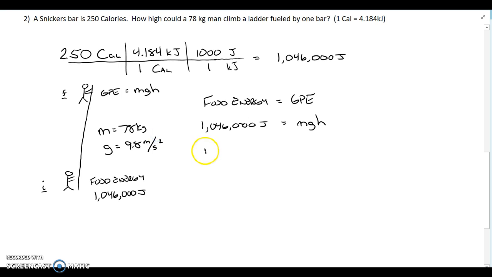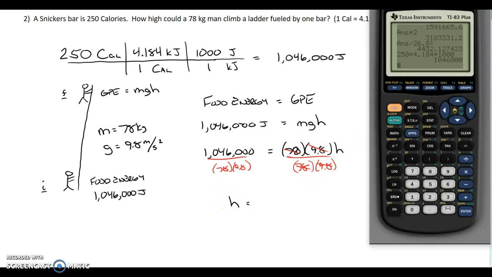And so when we plug in those values, we're left with one unknown, which is the height we're trying to solve. So we're going to divide by 78 times 9.8 on both sides. That's going to cancel here, and we're left with a height.